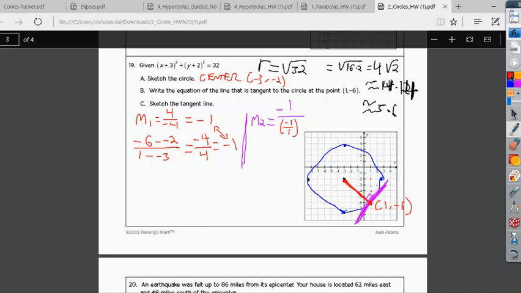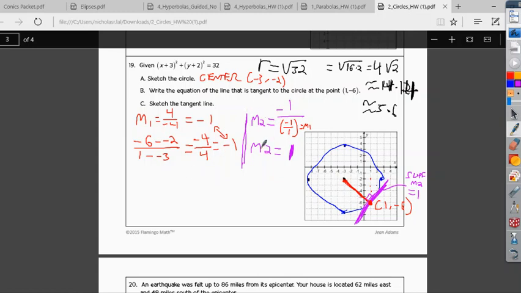Remember, that's equal to m1. So that means m2 is negative 1 over negative 1 is positive 1. So m2 has a slope of positive 1. So this has a slope of 1. Our slope m2 is equal to 1.